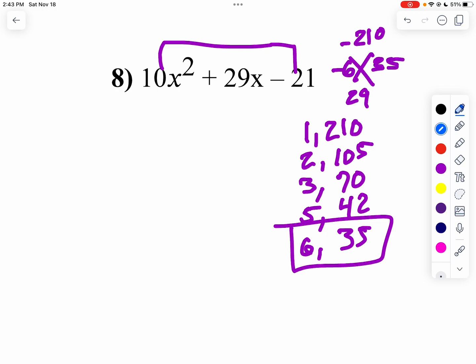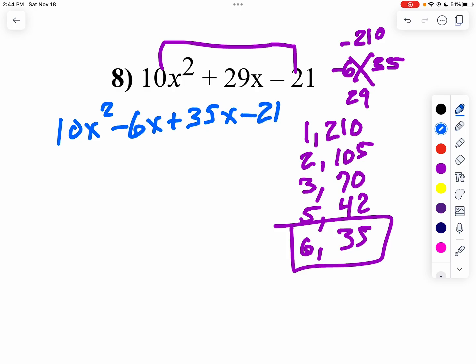So I'm going to rewrite my term as 10x squared minus 6x plus 35x minus 21. So I factor out a 2 out of the first two, so I get, factor out 2x, we'll say, and I'll get 5x minus 3.